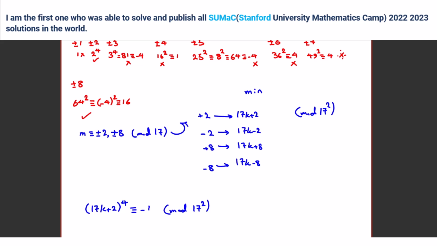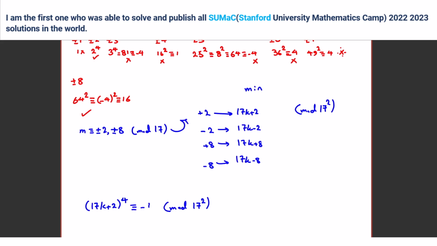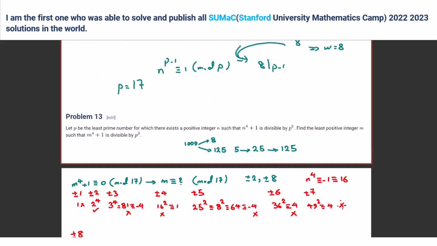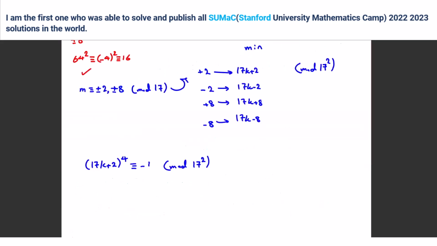Okay, so k is 9, or the lowest one. Let's check. Here it says minimum m that is a positive integer. You said k is 9. So similar to this one, we need to only write 2 to the 4 plus 4 times 2 cubed times 17k, right?